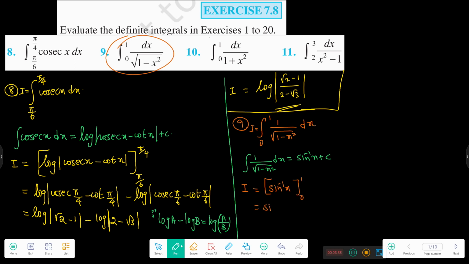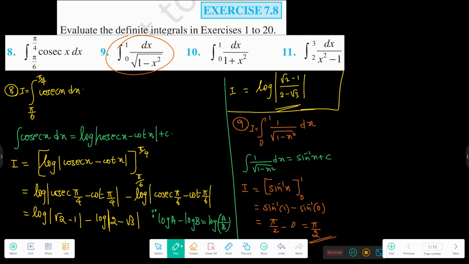Upper limit first: sine inverse of 1 minus sine inverse of 0. For what angle will sine be 1? That is sine 90, that is pi by 2. Minus, for what angle will sine inverse be 0? 0 degree. So this is equal to pi by 2.